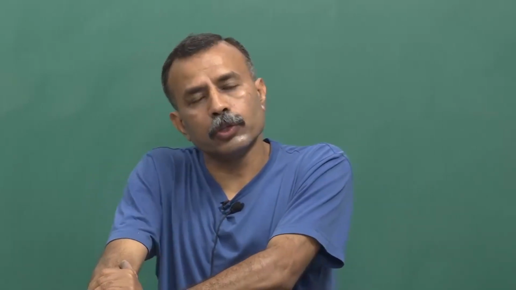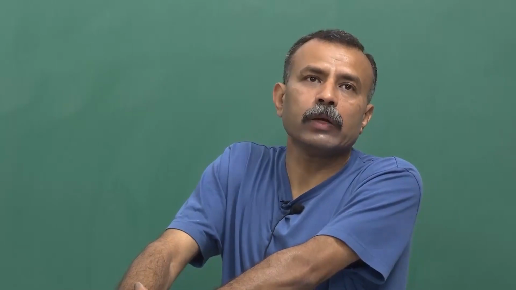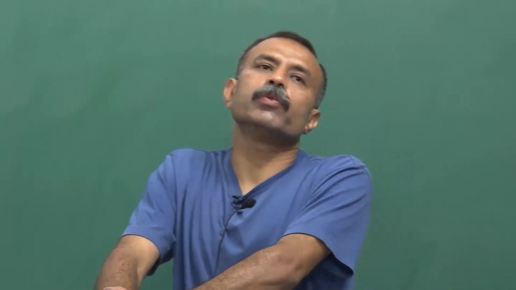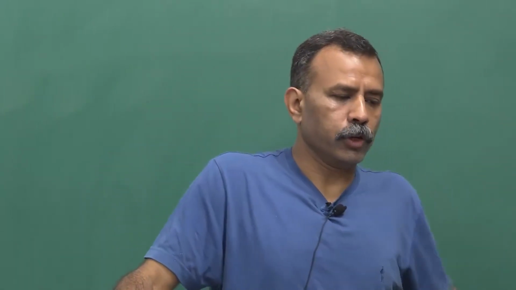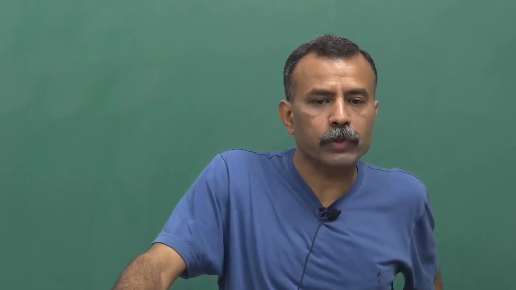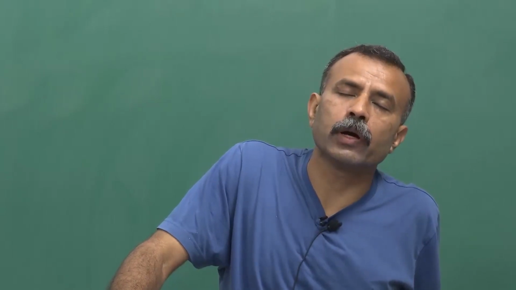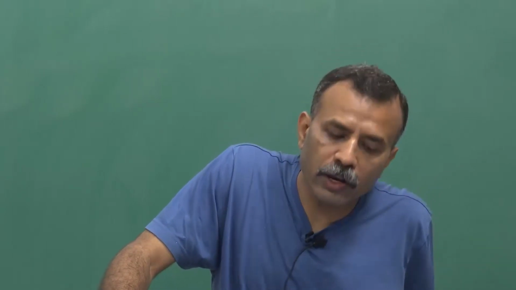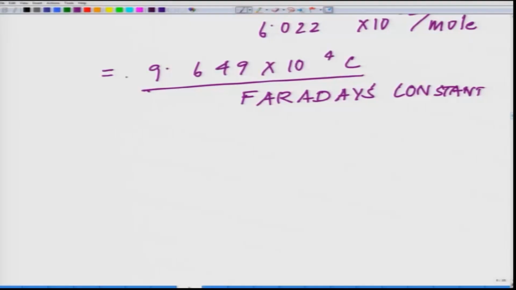So, if we assume that the total number of electrons in 1 mole is Avogadro's number, 6.022 into 10 to the power 23 per mole, and multiply that with the charge on a single electron, the value we get is termed Faraday's constant.